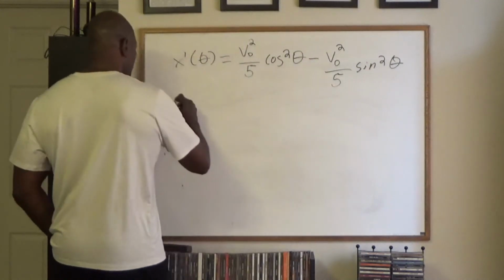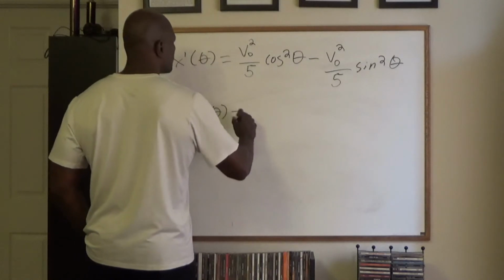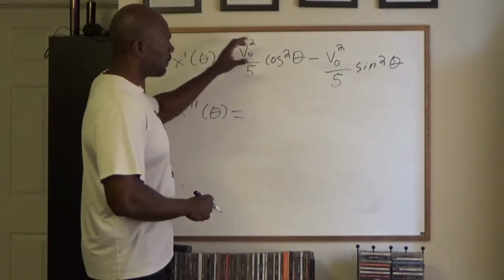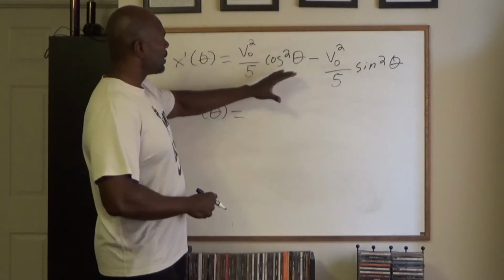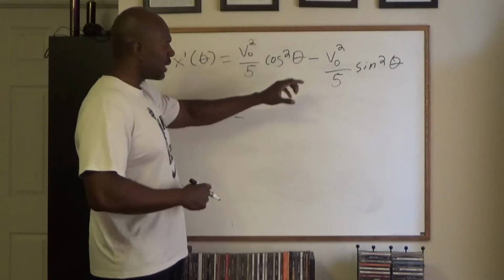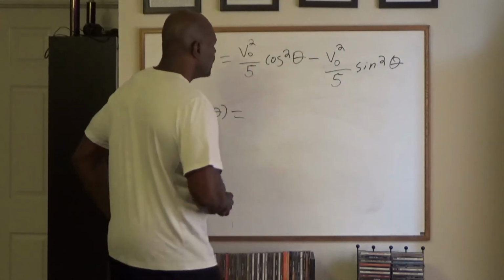So then the second derivative. Notice when we did the first derivative we had to do product rule. Now in the second derivative we don't have to do product rule anymore, so we should be a little excited. However, we do have to do some simple chain rule on this problem.